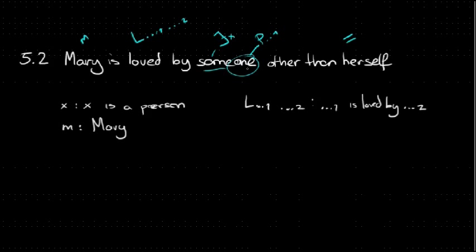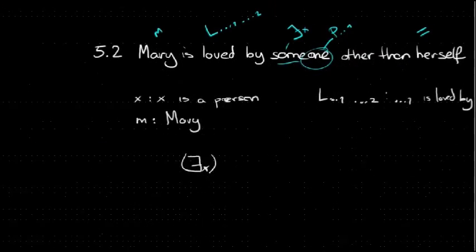We said we had this person predicate, but I don't think we need it because we've said that we're restricting the domain to persons. So we should just be able to start writing this now. If Mary is loved by someone other than herself, that means that there exists someone who loves Mary, and that thing isn't Mary. So there exists an x.